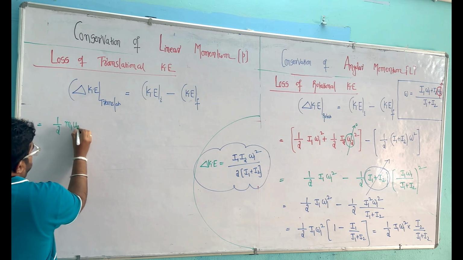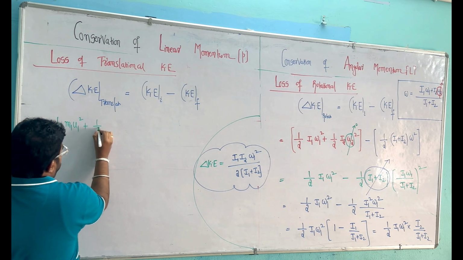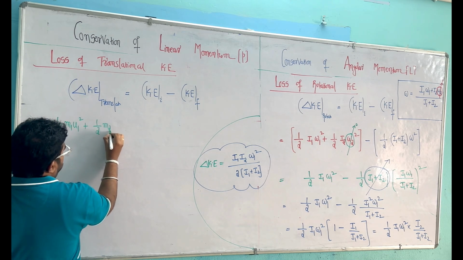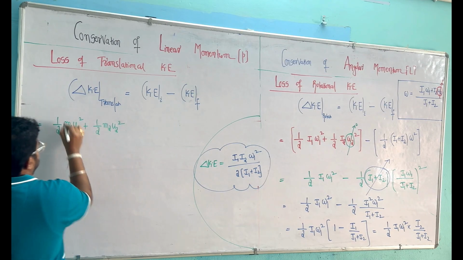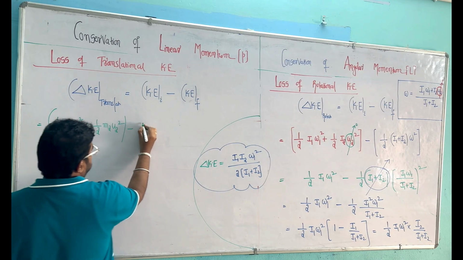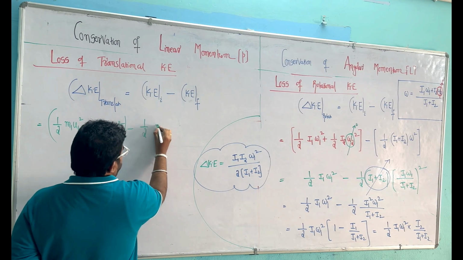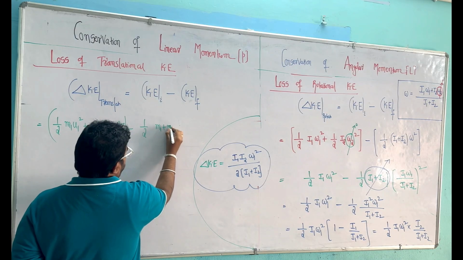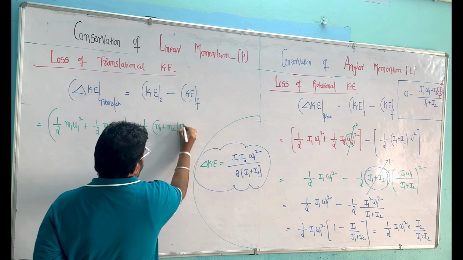Half of m1 u1 square plus half of m2 u2 square minus half of m1 plus m2 into v square.